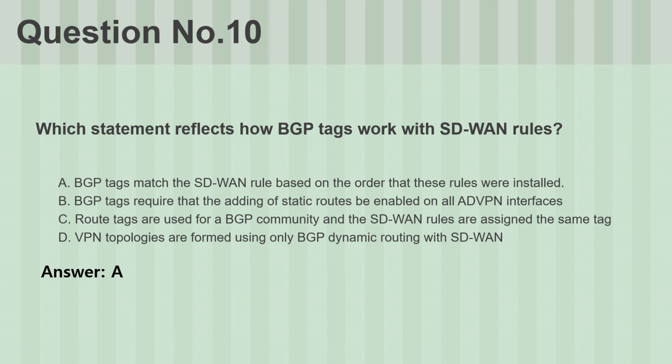C. Route tags are used for a BGP community and the SD-WAN rules are assigned the same tag. D. VPN topologies are formed using only BGP dynamic routing with SD-WAN. Answer: A.